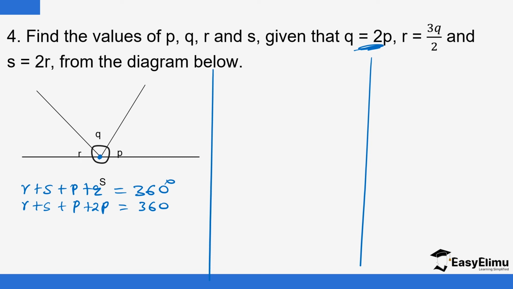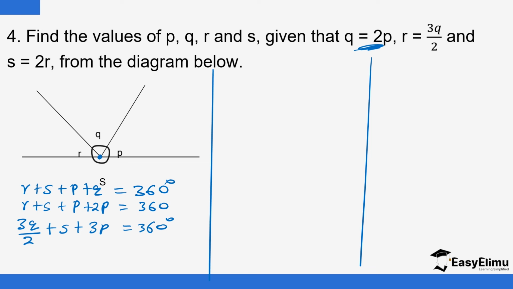We also have R. So R is 3Q over 2, plus S. So P plus 3P plus 2P is 3P, equals 360 degrees.